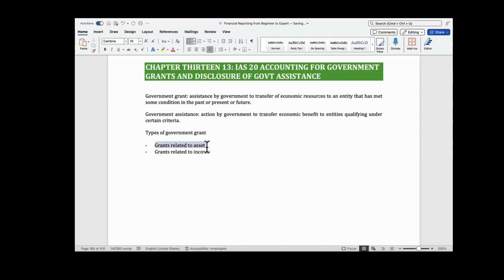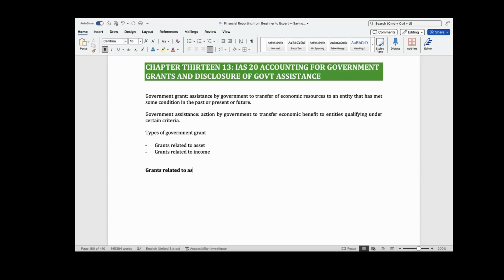As the name implies, grants related to assets are grants in which the condition attached is that the entity must acquire an asset. Then the government can subsidize the asset for you, or the government can even give you an asset for free.